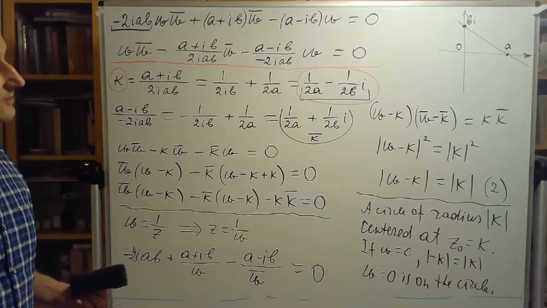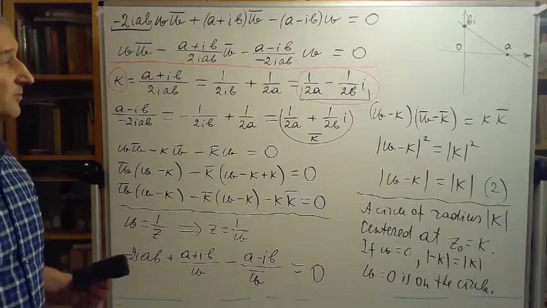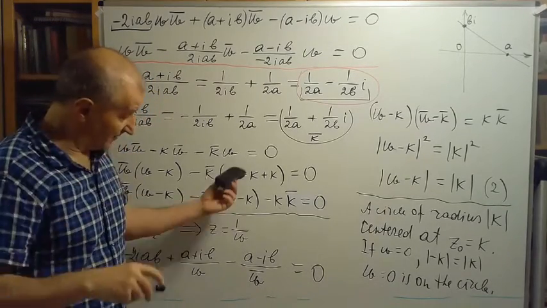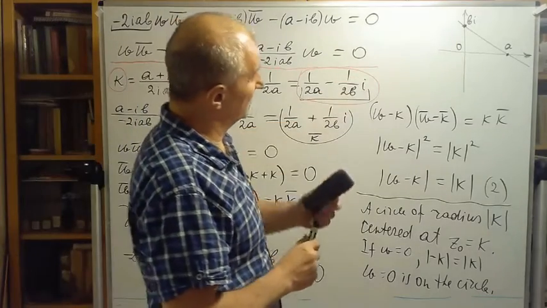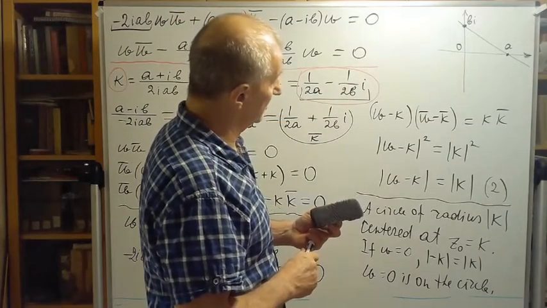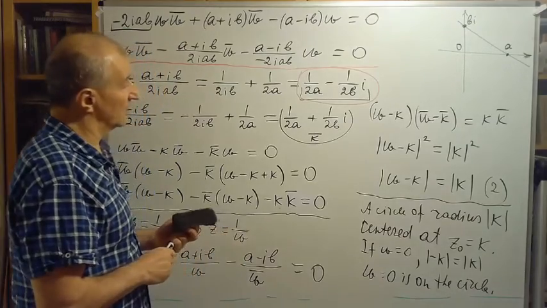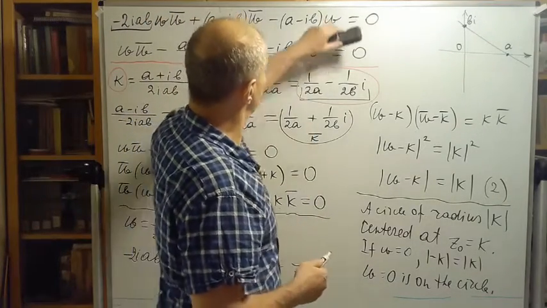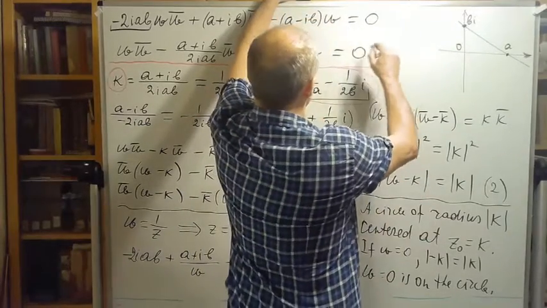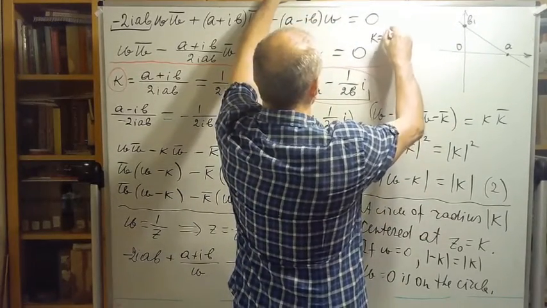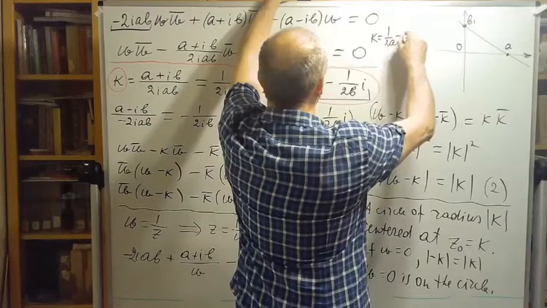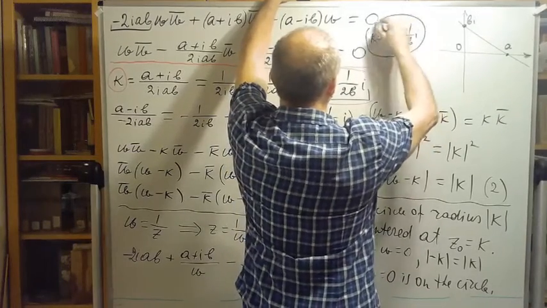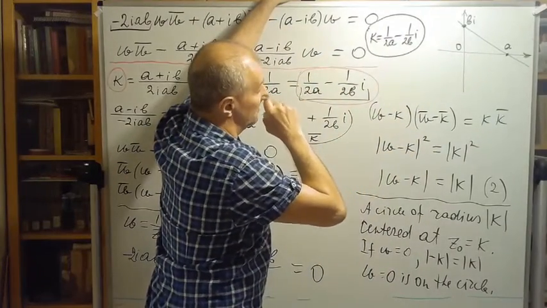For instance, in my picture, both A and B are positive, which is not necessary, we did not make this assumption when deriving the equation, but for illustration, since A is positive, K, this is the expression for K, I will rewrite it here: K equals 1 over 2A minus 1 over 2B i. So where is K?